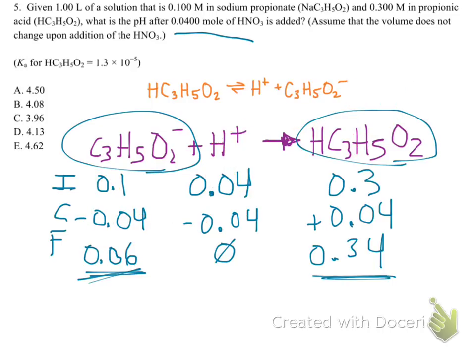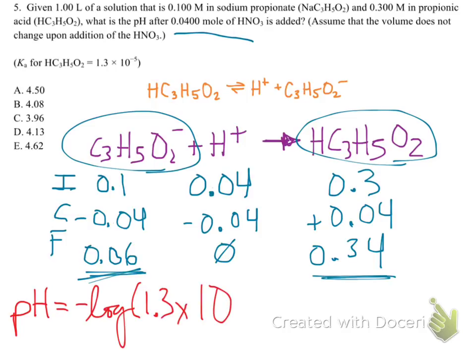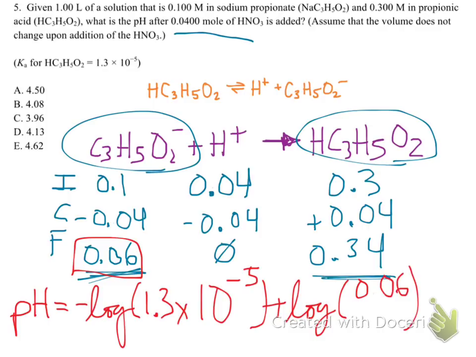Considering we have a buffer, we can use Henderson-Hasselbalch now. pH is going to equal pKa, the negative log of the K value, 1.3 times 10 to the negative fifth, plus the log of our base, so this is our base component, 0.06, divided by our acid, which is 0.34.